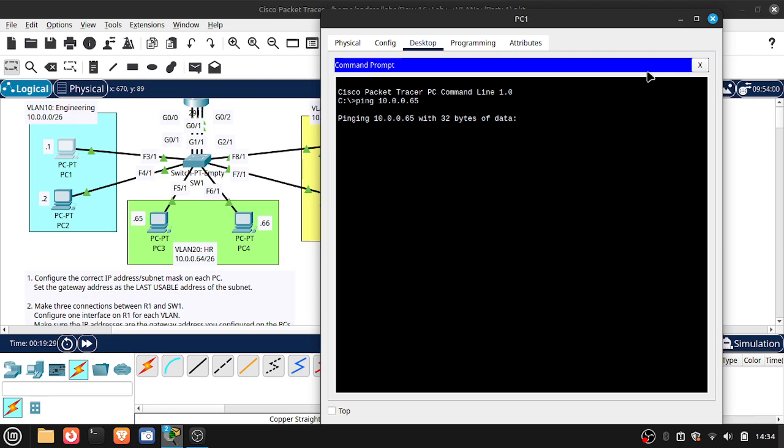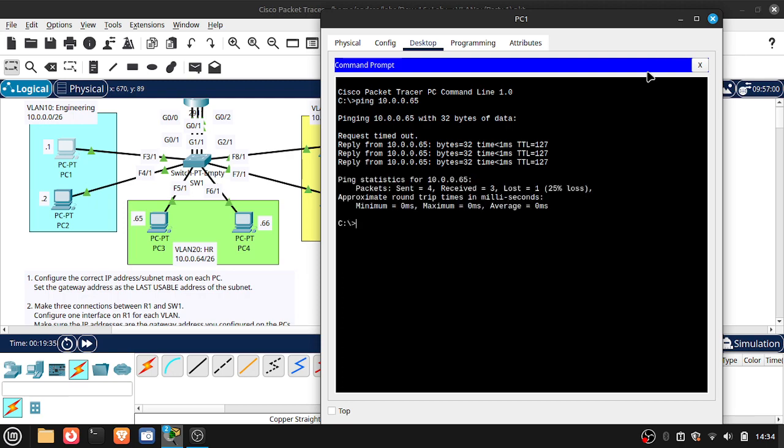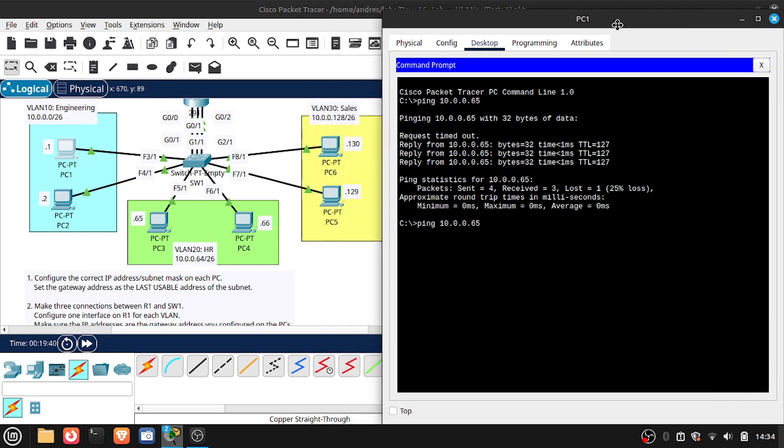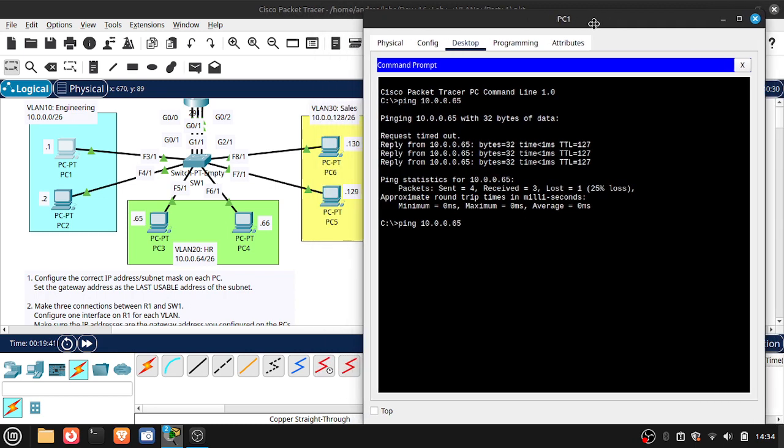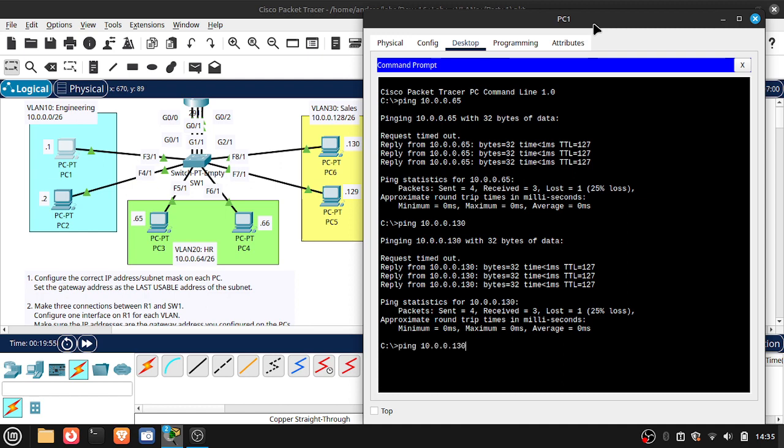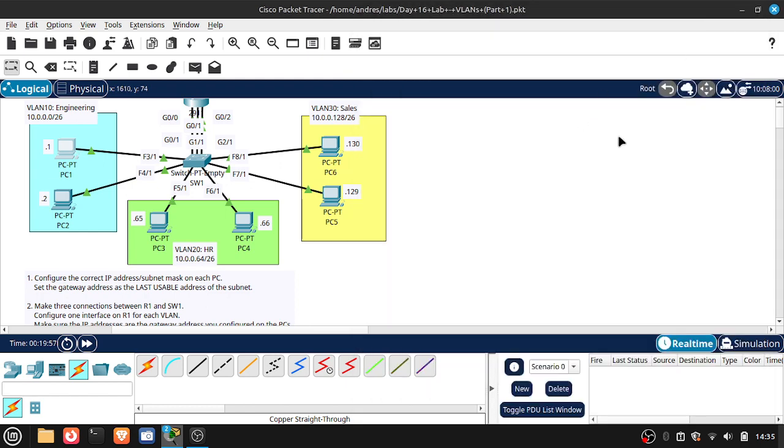We are pinging. Okay, it works, and now we're going to ping the PCs in VLAN 30, so 130. One fails and the others go. Okay, it's working. Now they tell us to use simulation mode.